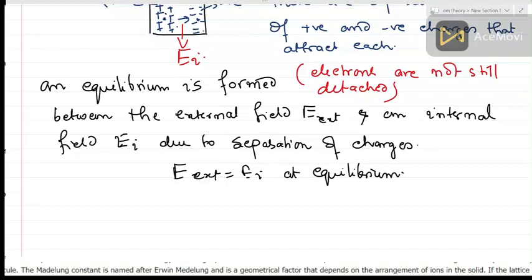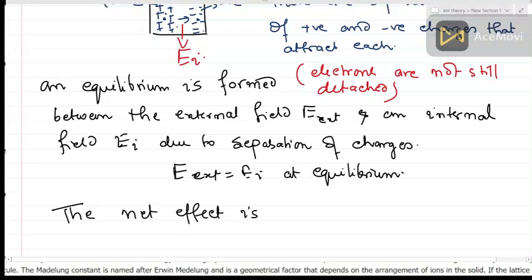Now what is the result of this phenomenon? The result is that when the plus charges are shifted slightly from the minus charge, the system becomes polarized.